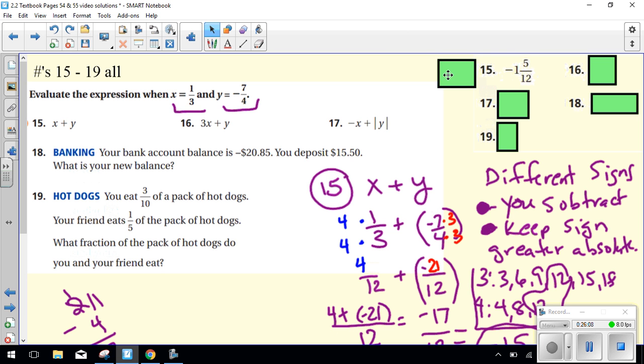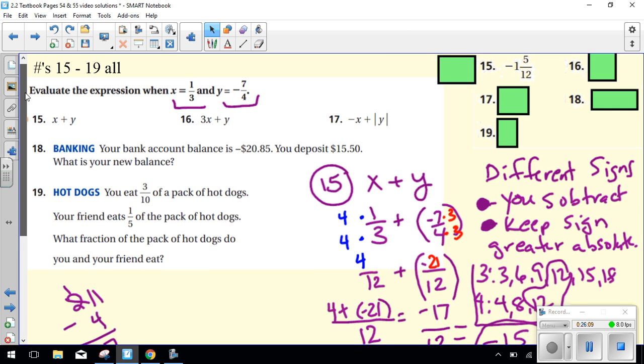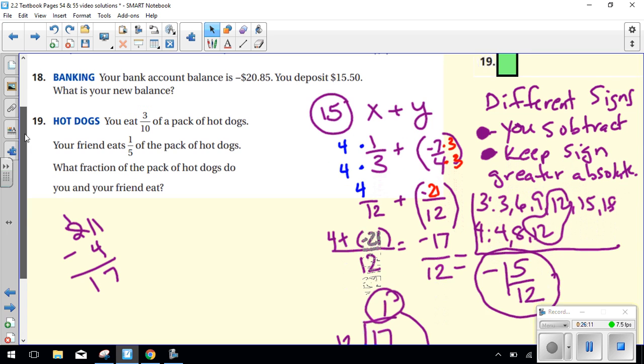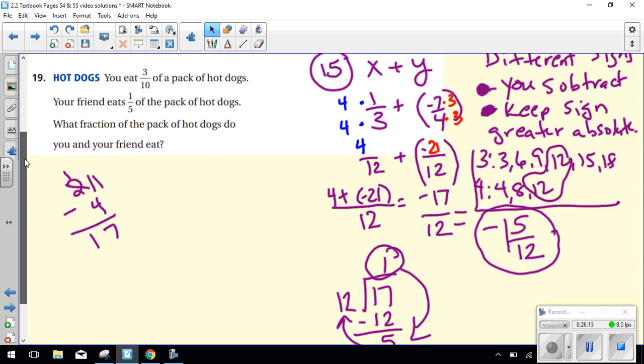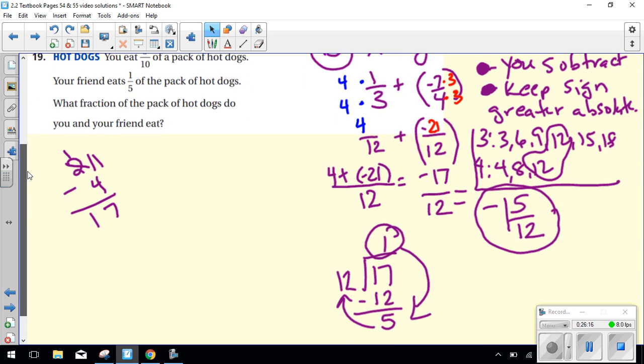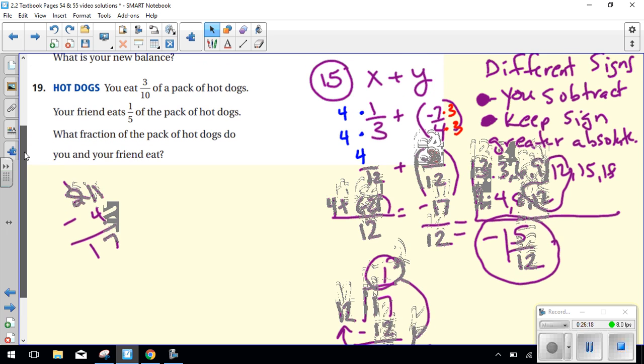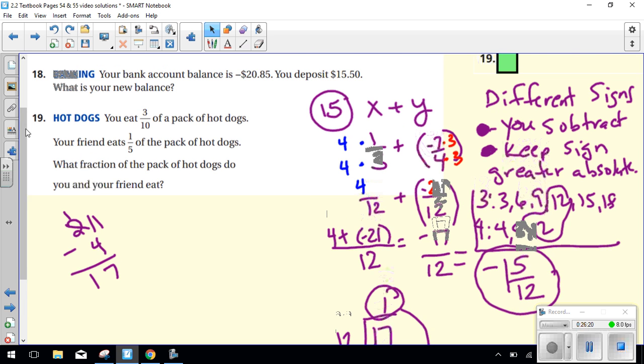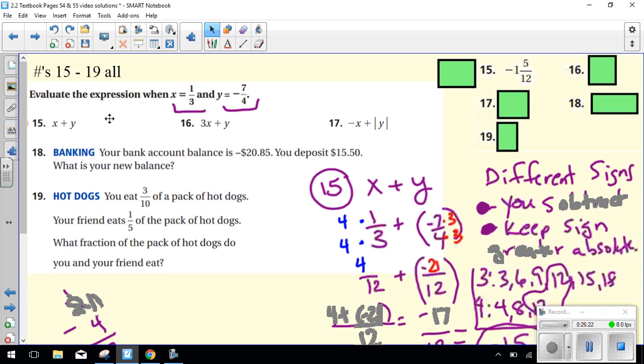At any point you need to backtrack or look at the work or go back and listen to the explanation, please feel free to do so. At this point, I'm going to erase 15 and go to number 16.